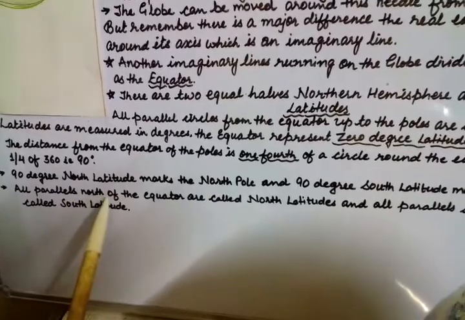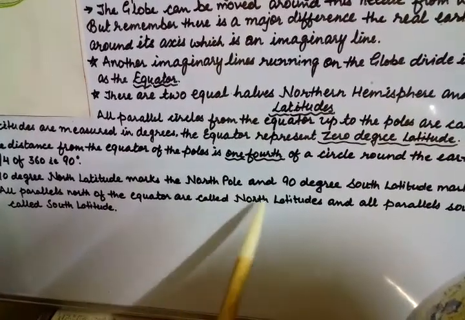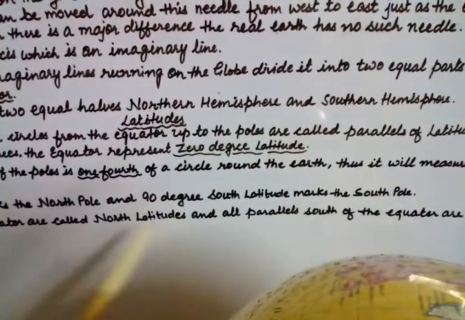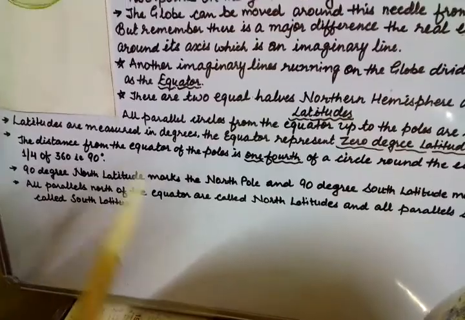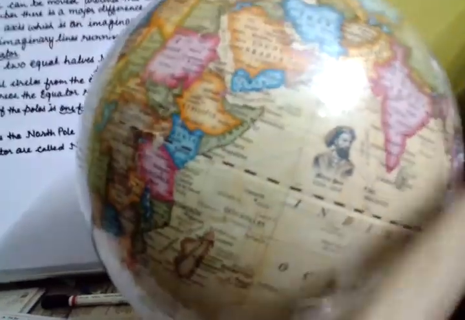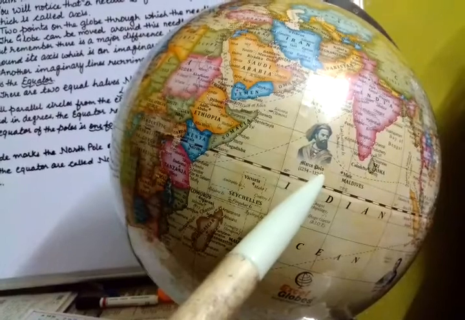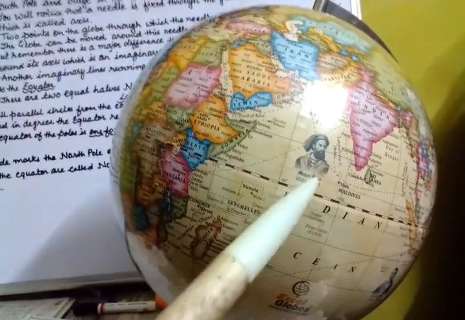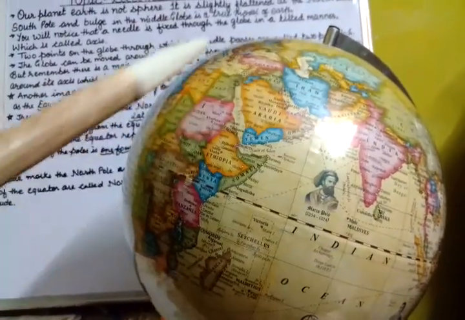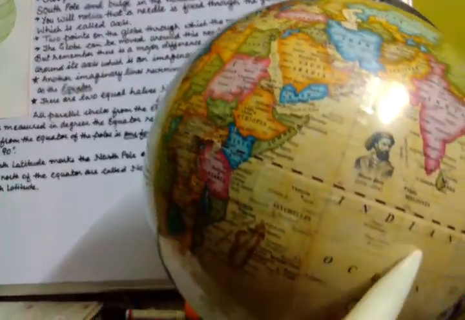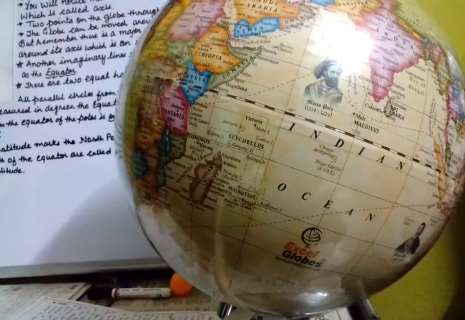All parallels north of the equator are called north latitudes and all parallels south of the equator are called south latitudes. As you know, students, a full circle makes 360 degrees. Here it shows the one fourth part of the circle, and it is 90 degrees. So from the equator to the North Pole, all these latitudes are called north latitudes, and from the equator to the South Pole, all these latitudes are called south latitudes.